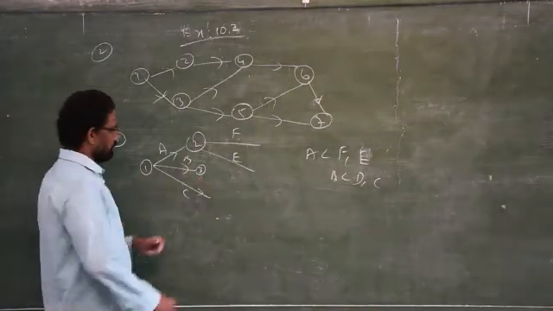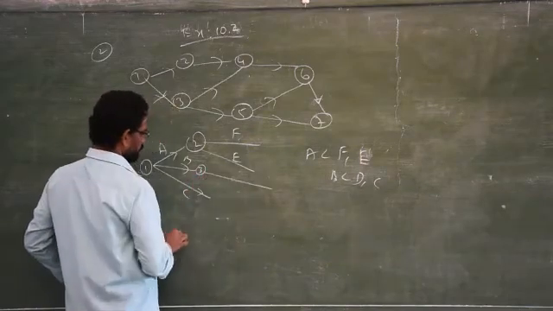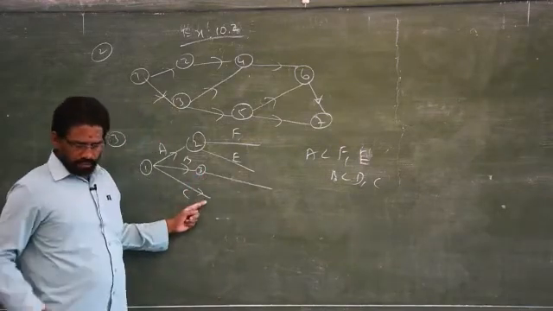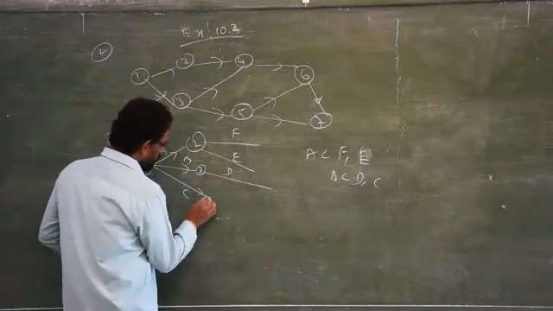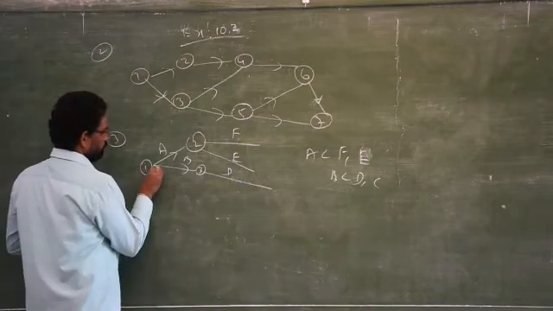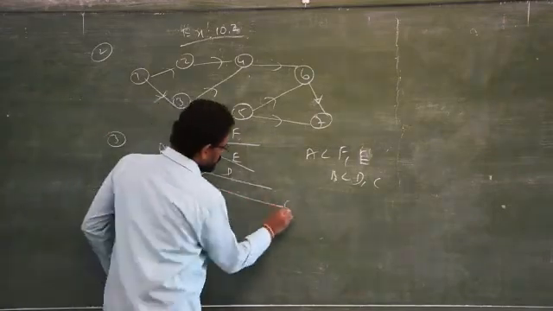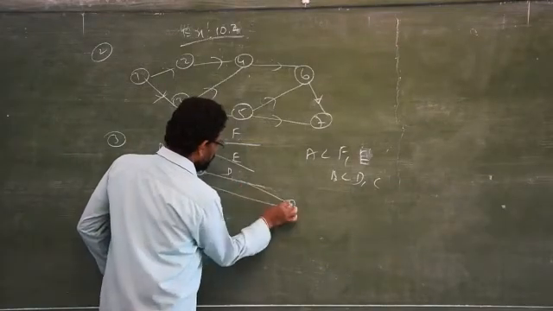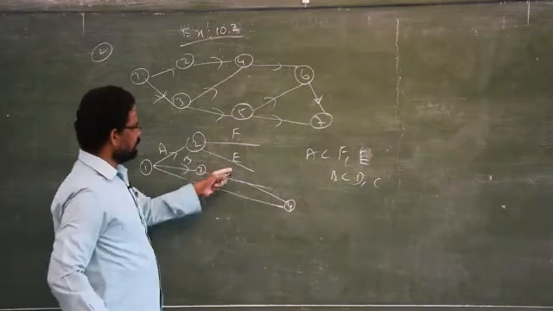D and C. Already C is there, so no need to mention that. So that is D. Then this will come like this. We can extend it. That is 4. Both will go to 4. Completed. This is C. So B, D, C is completed.